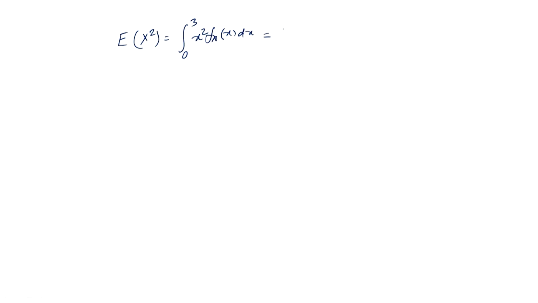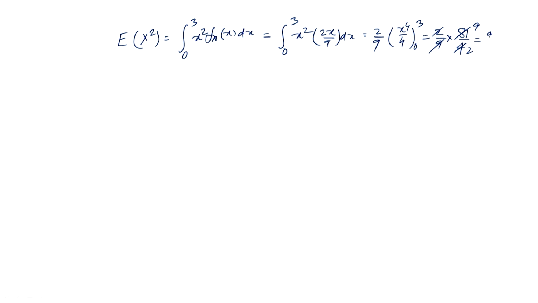So, this is 0 to 3 x square into 2x by 9 dx. It comes out to be 2/9, integral of x cube is x^4 by 4, 0 to 3, we get 2/9 into 81/4.